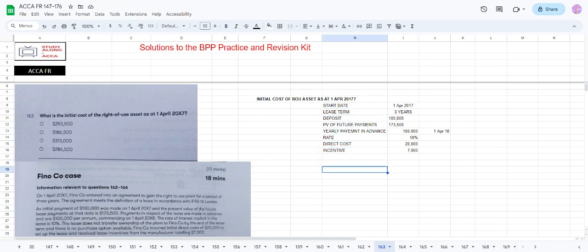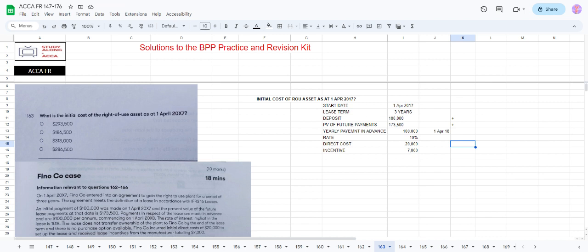So for the initial cost, what do we take? The deposit is a positive adjustment, and the present value is also a positive adjustment. Yearly payment in advance we don't consider.